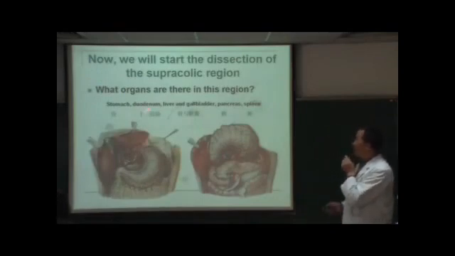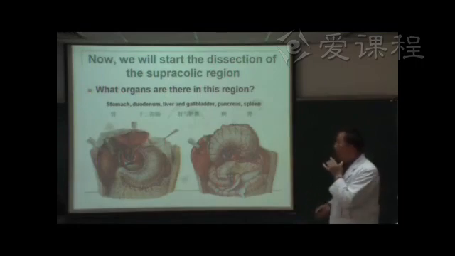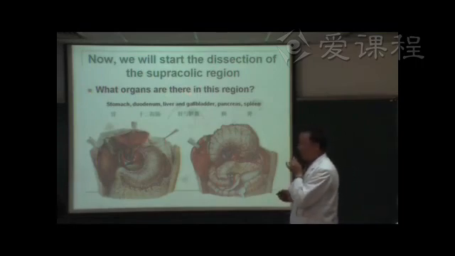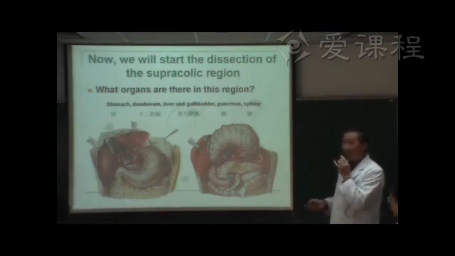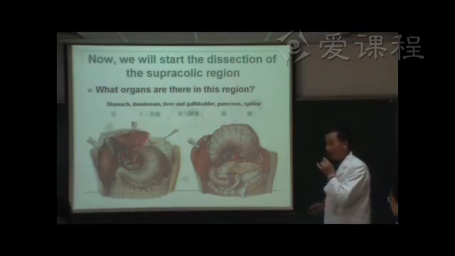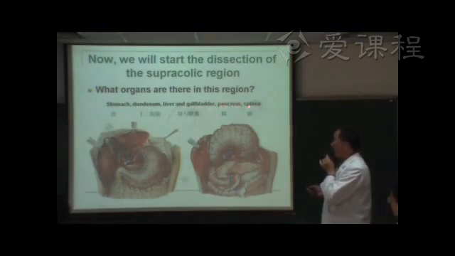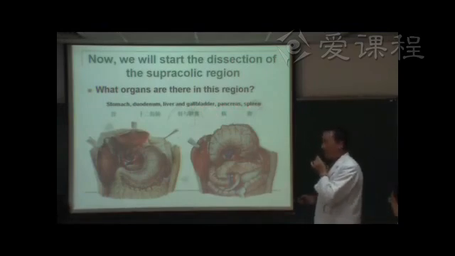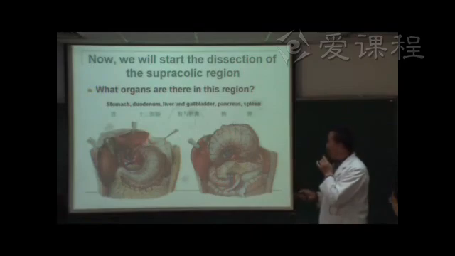Now, we will start the dissection of the supracolic region. Please think, what organs are there in this region? Of course, I have already written it out. The stomach, the duodenum, the liver, the gallbladder, the pancreas, and the spleen. Read it, please. Stomach, duodenum, liver, and gallbladder.